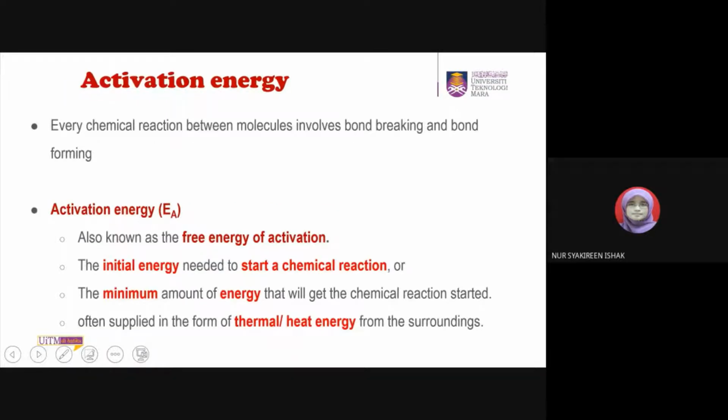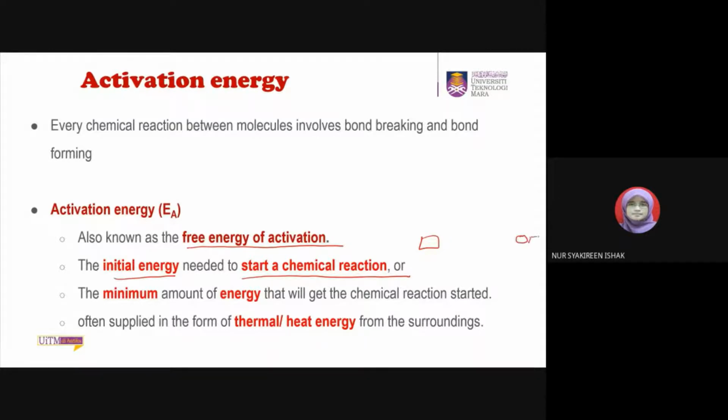So for activation energy, every chemical reaction between molecules involves bond breaking and bond forming. Therefore activation energy, also known as free energy of activation, is the initial energy needed to start a chemical reaction. So you have the reactant, for example, and you want to convert it into a product.